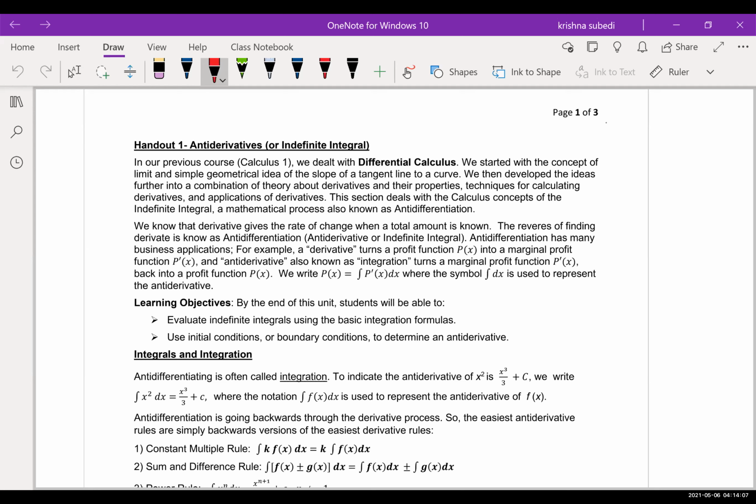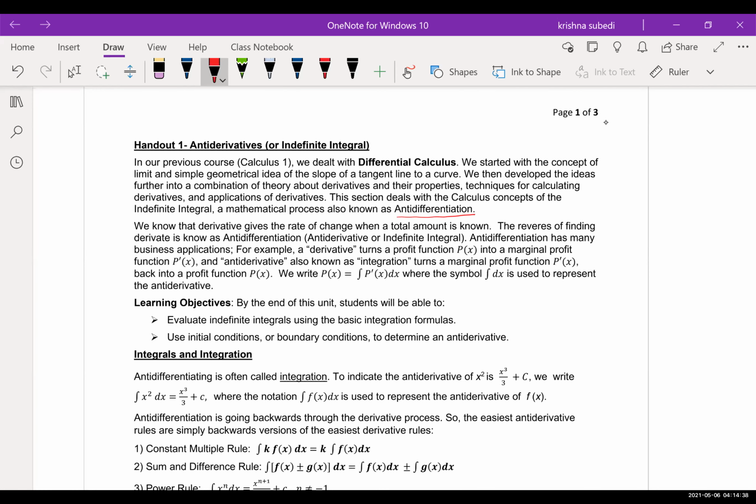We did that in calculus 1. On top of that, we applied those concepts to solve problems, particularly from business, economics, and social science. This section in this course, we deal with the concept of calculus which is called integration or antiderivative.